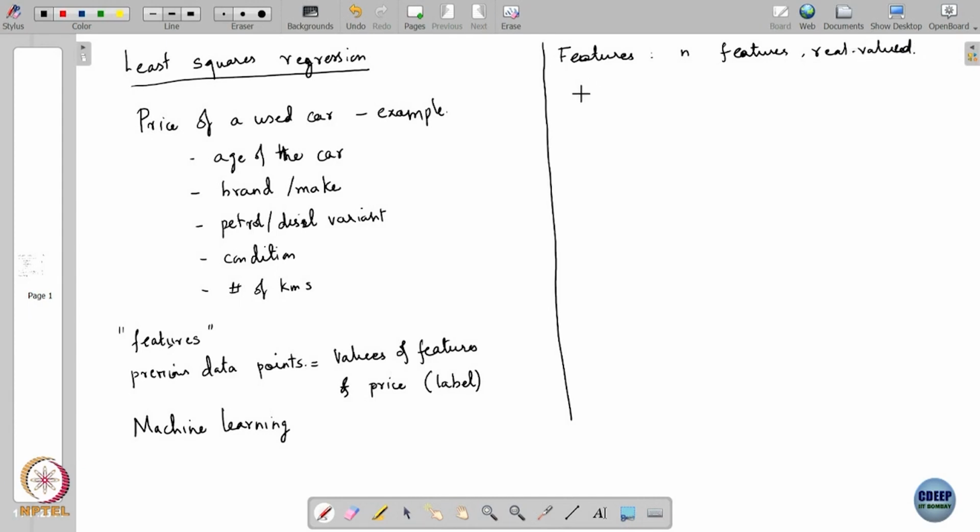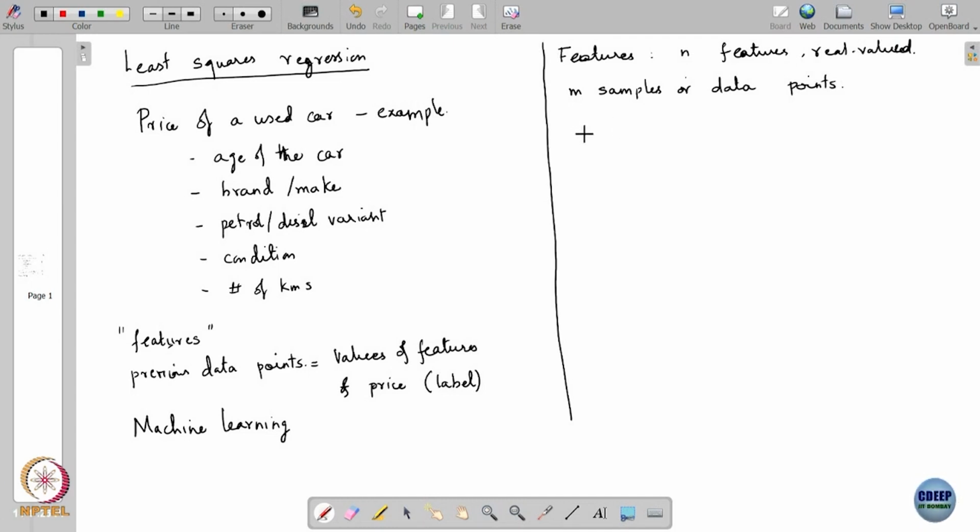And I am going to give you m samples or data points. Since there are n features, what we will do is stack all of them into a vector.